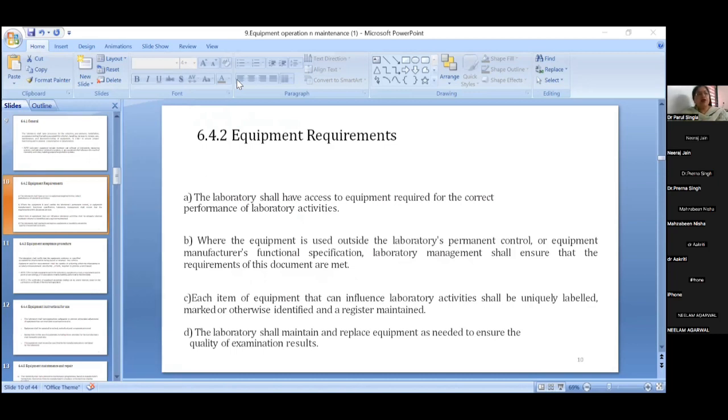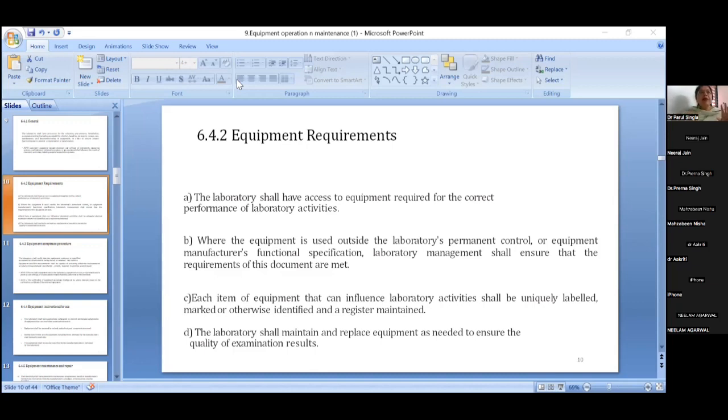For example, if you have an integrated system, you have a chemistry part, you have an immunoassay part, you have a connector. So give a unique ID to the chemistry part: this serial number 0582, its unique ID is equipment 1, E1.